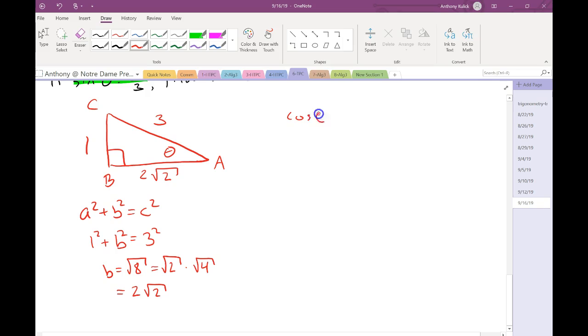And now we have everything we need to write the other 5 ratios. And I guess I could write that we know sine is 1/3 already. Okay. Who can tell me what the ratio for cosine is?